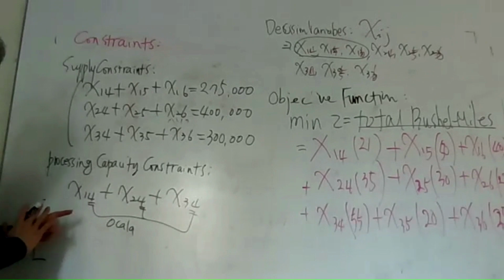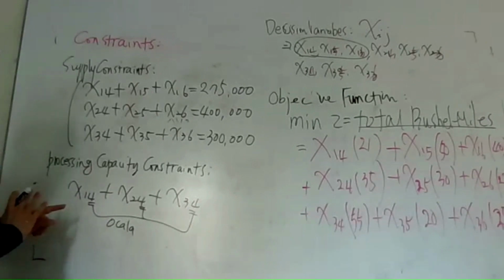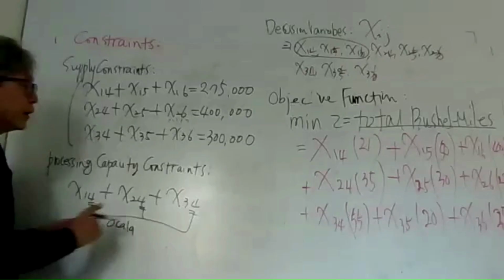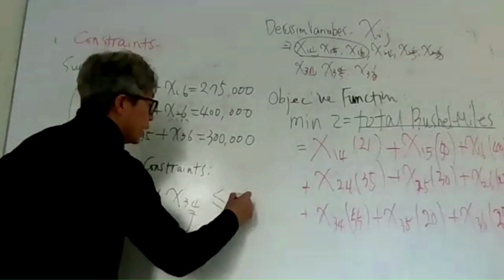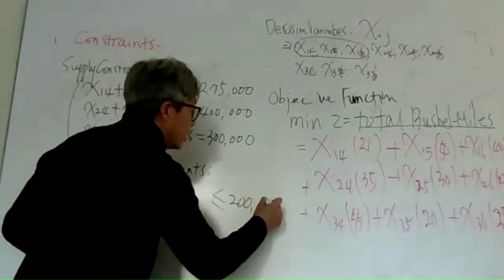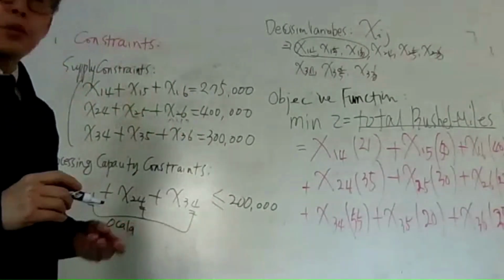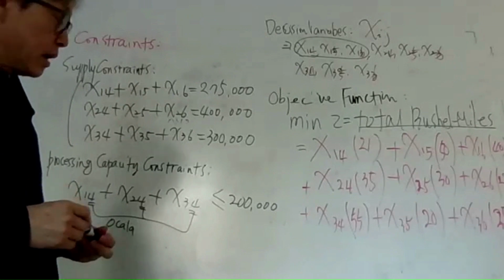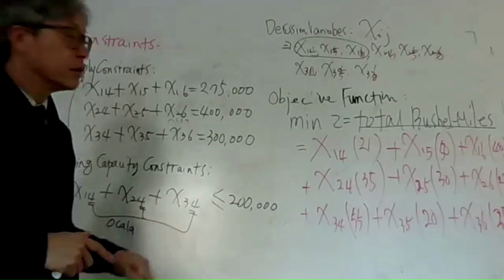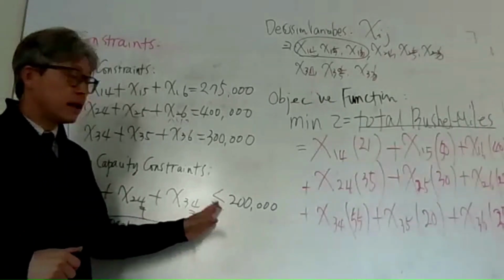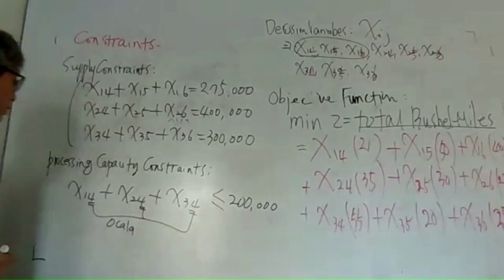Do you understand? Yes. Okay, that should be less than or equal to 200,000 bushels. Because the processing plant may not have 100% utilization, so we can say less than or equal to.